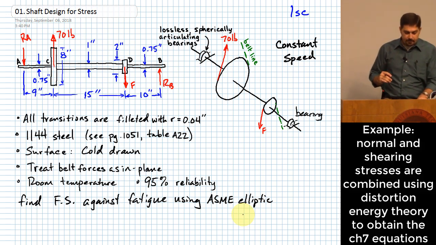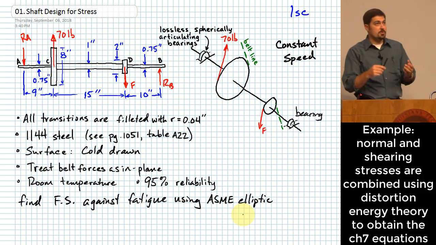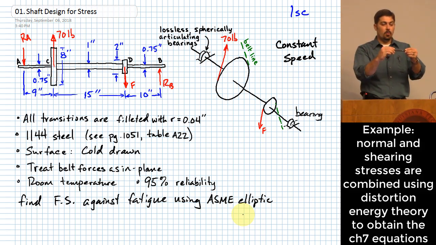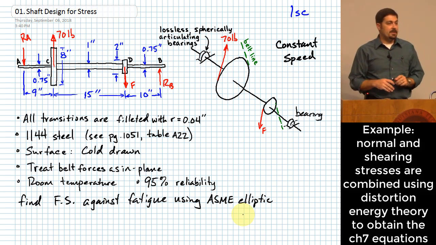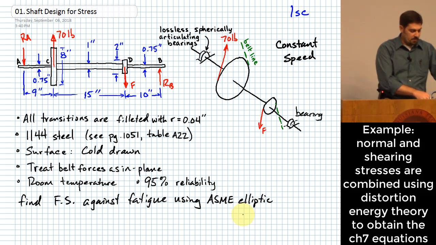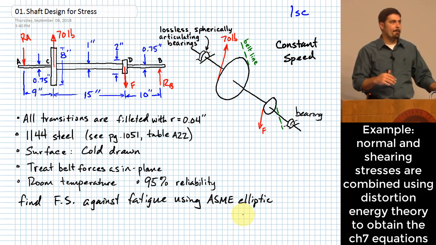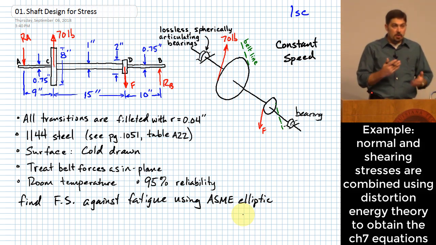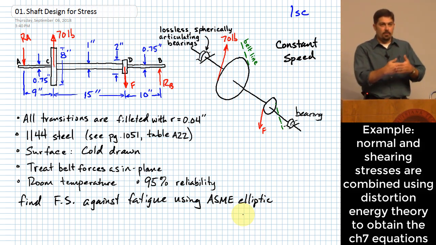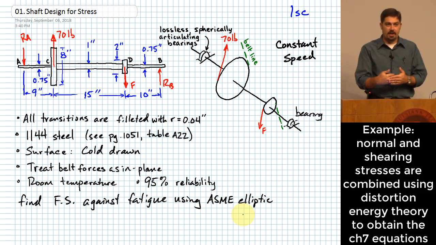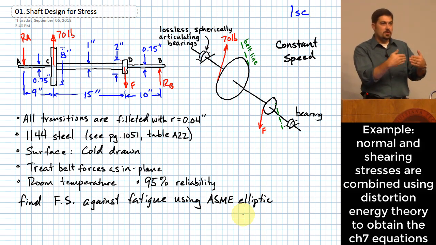And so what we're doing here is combining that effect with the torsional effect potentially for a particular specimen. And if you remember, there was actually a portion of chapter 6 that dealt with combined loading. Do you all remember that? Okay. In that section where it gives you those equations for combined loading, it uses the distortion energy criteria to do that combination.